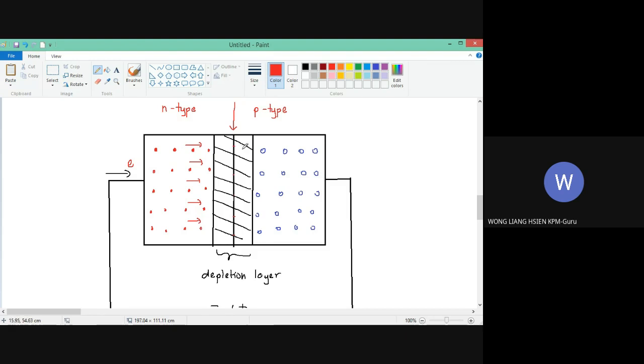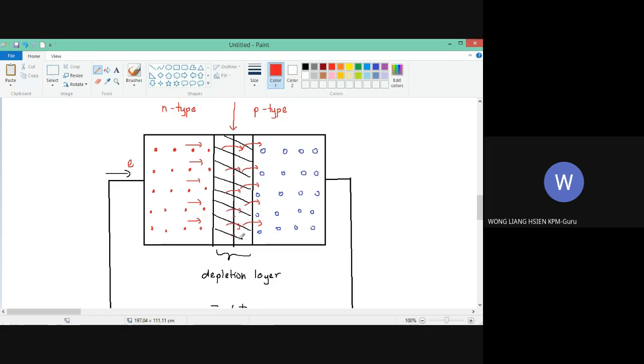So this electron that sits in the hole will be able to jump out and move forward to the next hole. And when this jumps out, here got a hole already, so the other electron can go in.